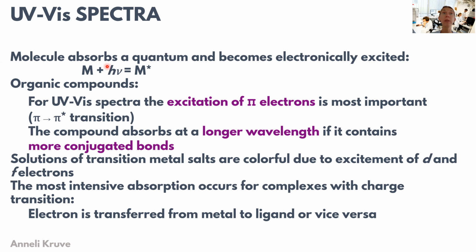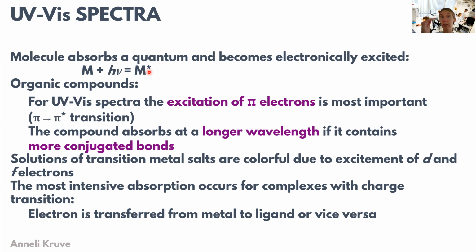What happens with the molecules in ultraviolet visible spectroscopy is that the ground state molecules are absorbing the quantum and therefore going to an excited electronic level, the excited state, which we denote by the molecule and the star.